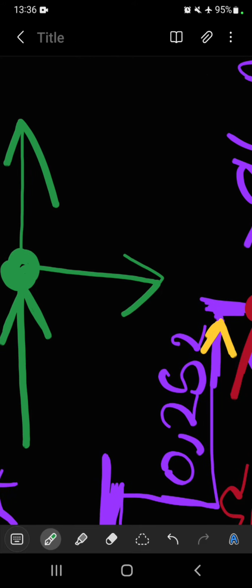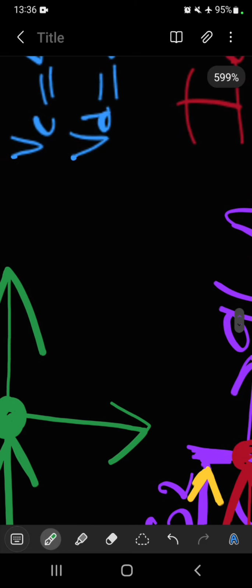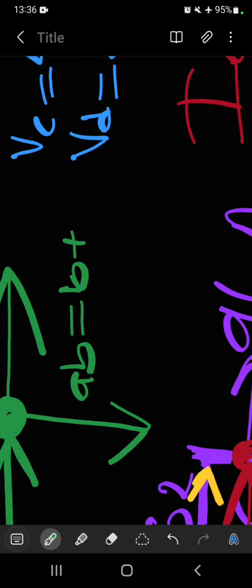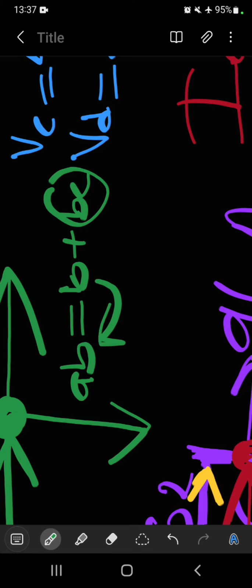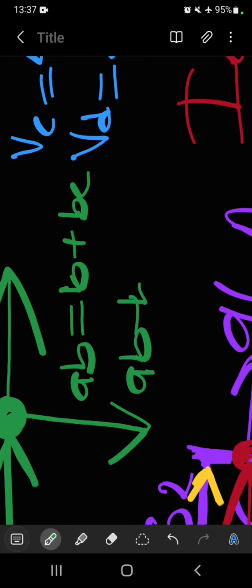The sum of currents entering the point is equal to the sum of currents leaving the point, right? Meaning IAB is equal to IB plus IBC. So now we are looking for IBC. We're gonna transpose IB to that side. So now we have IAB minus IB is equal to IBC. I hope you see it. I know you do.